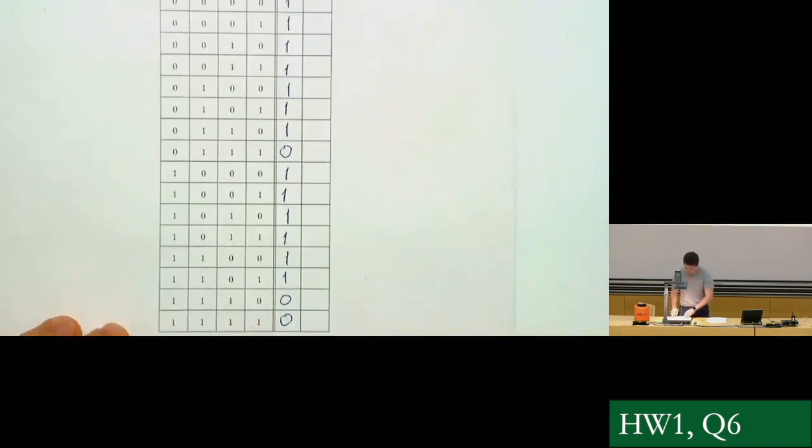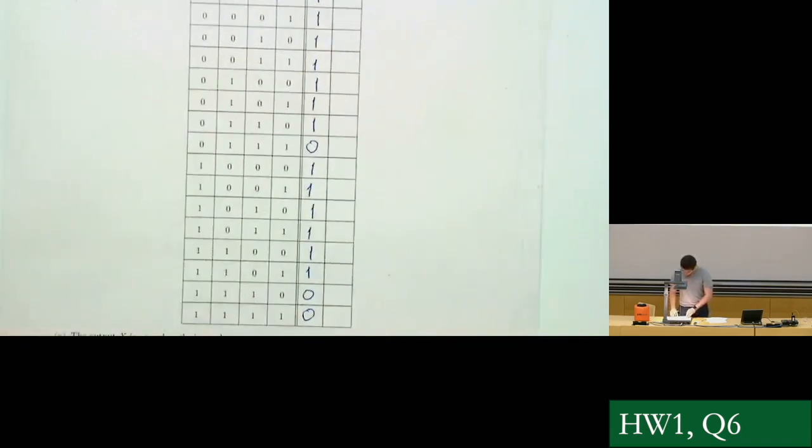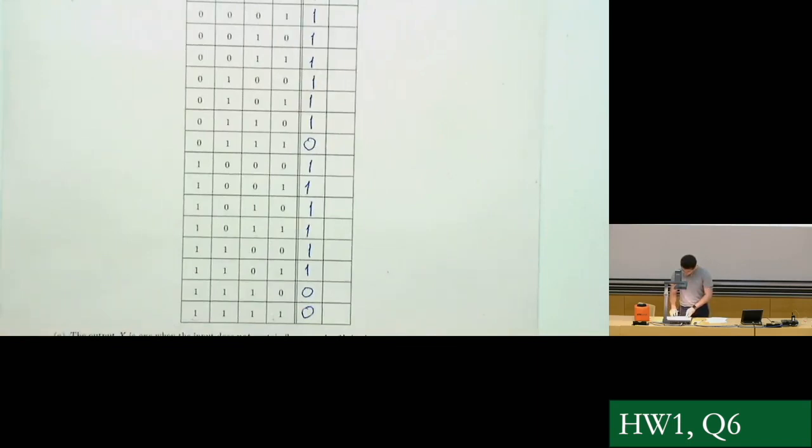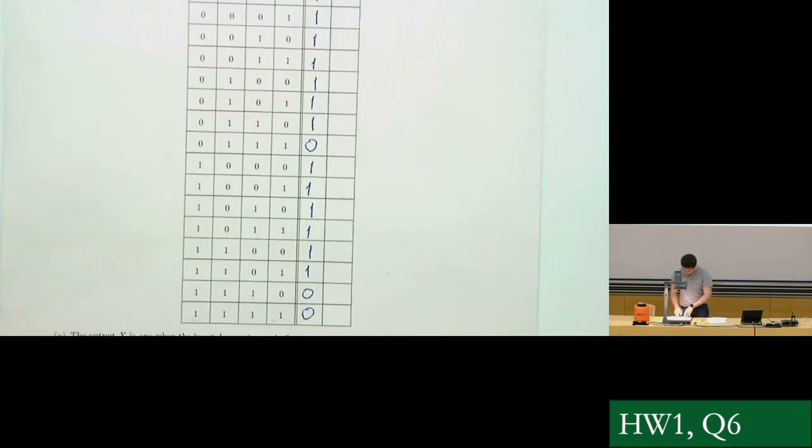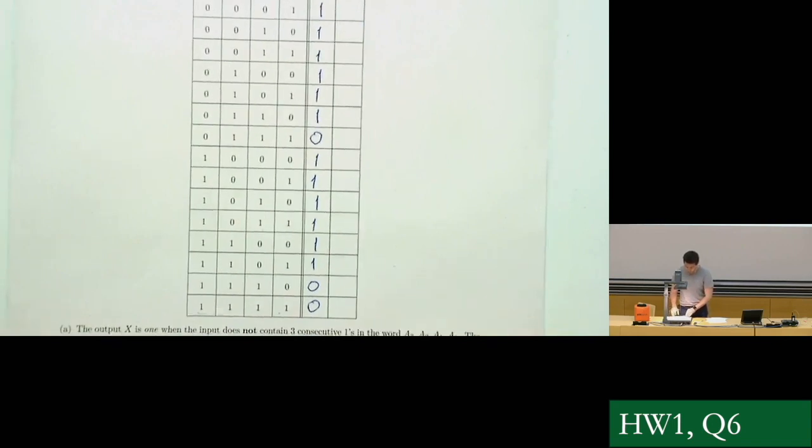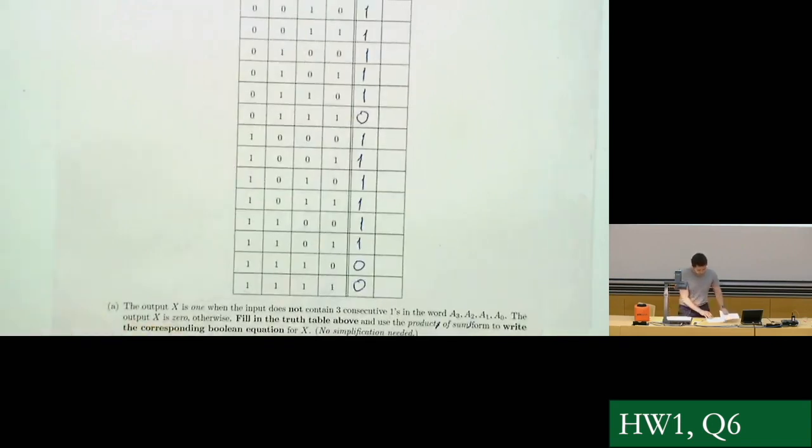The question says to fill the truth table and use the product of sums form to write the corresponding Boolean equation for X. So let me write it.